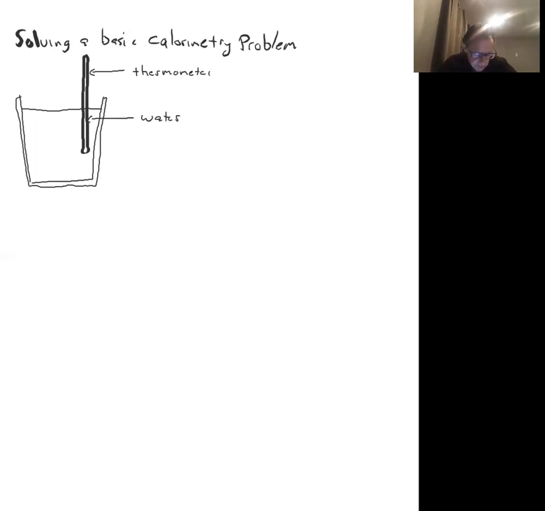And then there's a sample. Okay, this has got to be insulated. Because if you don't insulate it, the heat can transfer so quickly that the temperature doesn't change as rapidly or as well as it could.